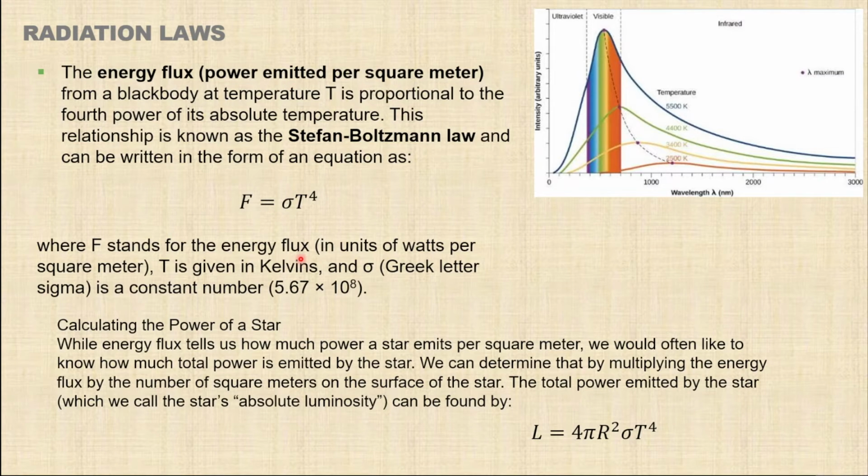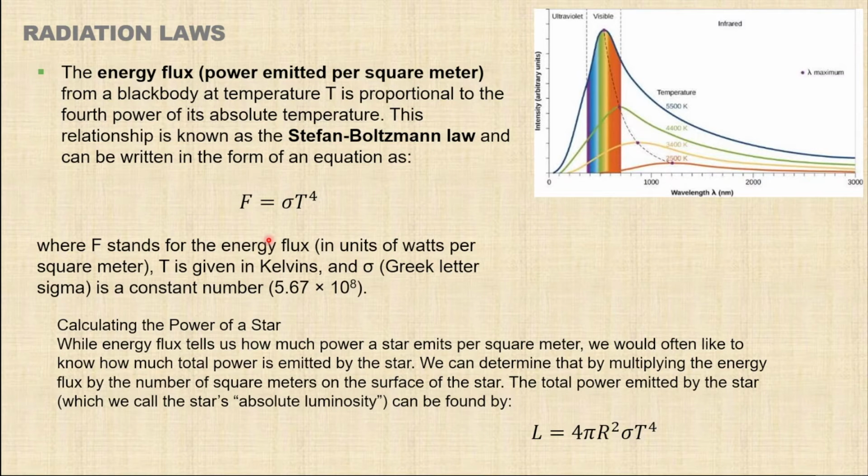Flux is power emitted per square meter of a star, given by the Stefan-Boltzmann law, which says that flux is equal to sigma, a constant with a value of 5.67 times 10 to the power minus 8, times temperature to the power 4. So if from the previous equation we can find the temperature of the star, and sigma is a constant, we can calculate the energy flux per square meter. That's in 1 square meter area.